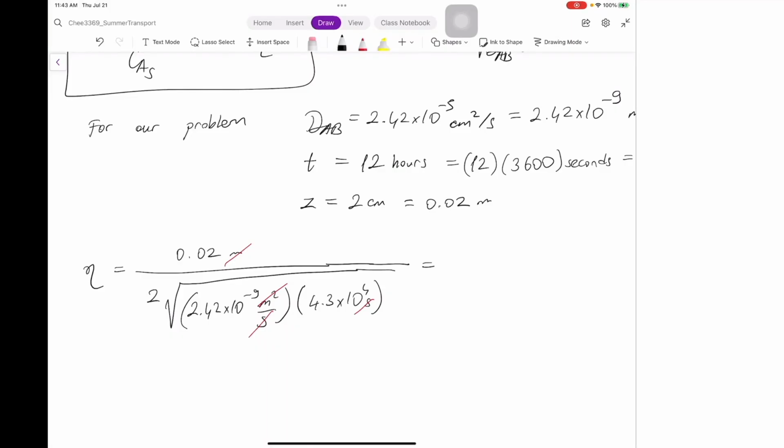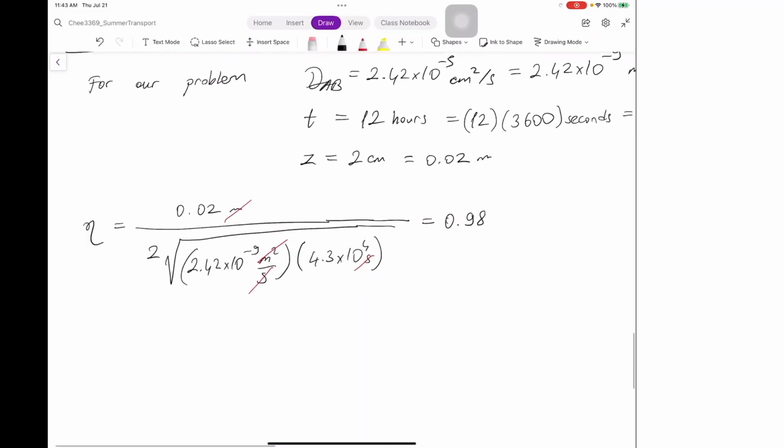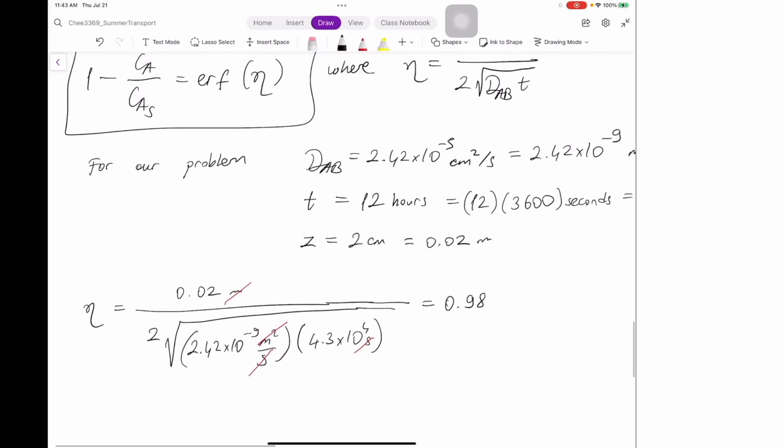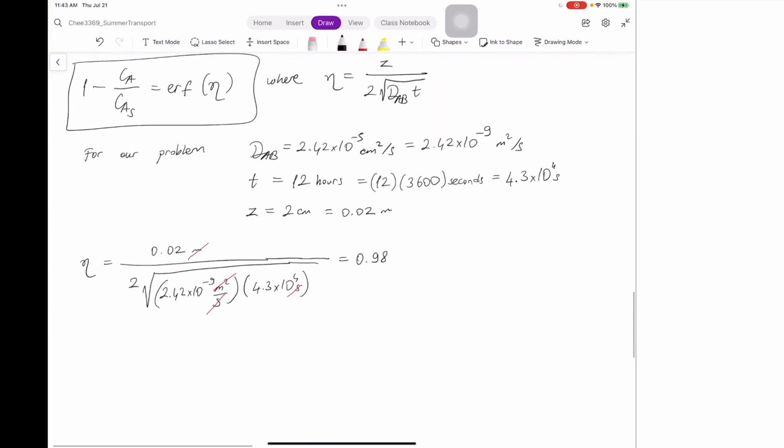The result you get is something like 0.98, I guess. And the error function comes out. So I can use this formula, 1 minus the error function, CA over CAS.